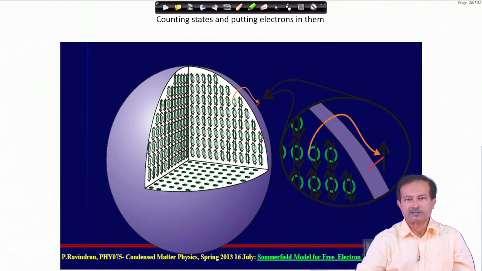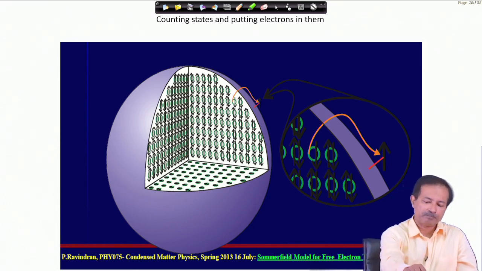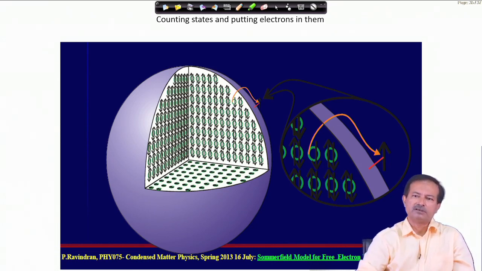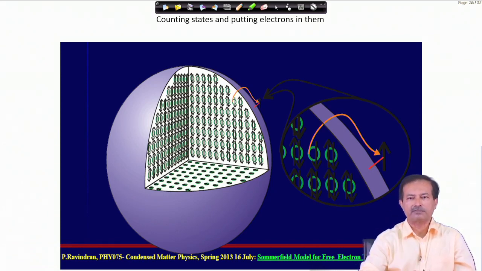Fill up all the states below the Fermi surface to get the ground state, and then almost 0 energy is required to excite an electron sitting at the Fermi surface to go to a state which is just higher than the Fermi surface, which is unoccupied.